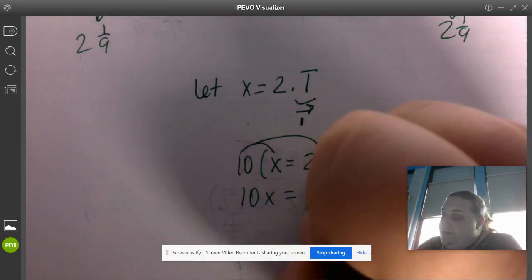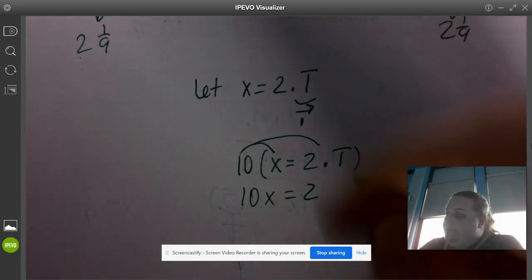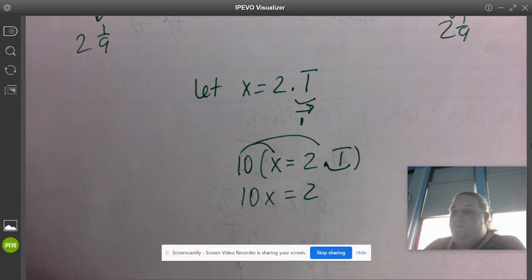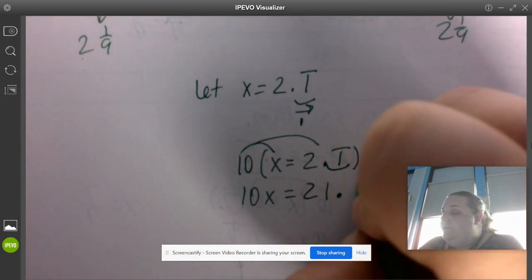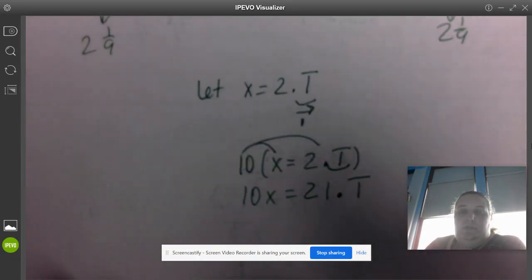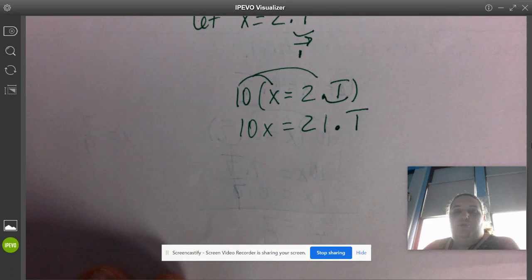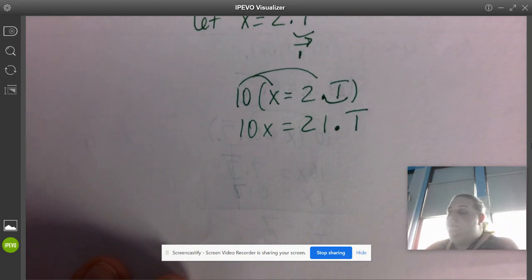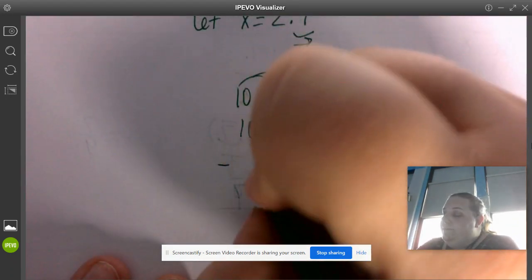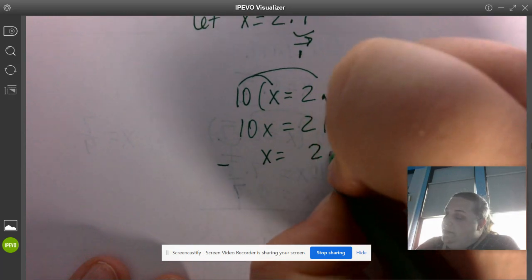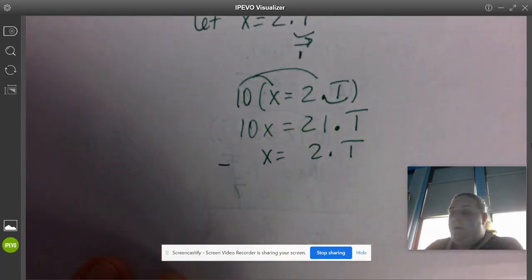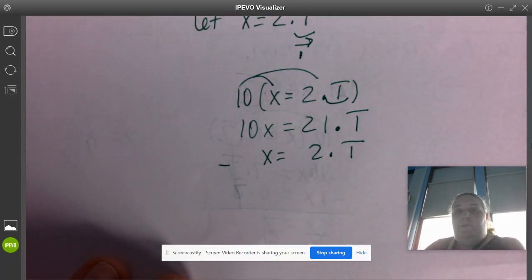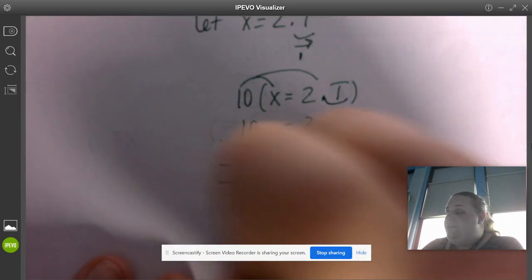Okay. Now that 2 stays, that 2 is unaffected. What we're doing is moving it over once, so now we have a 1 in front of the decimal point as well as the 2, and then 1 still continues to go on and on forever, so it will look like 21.1 repeating. Just like we did yesterday, we still need to subtract the original number in order to eliminate that decimal because we don't want decimals in our fractions.